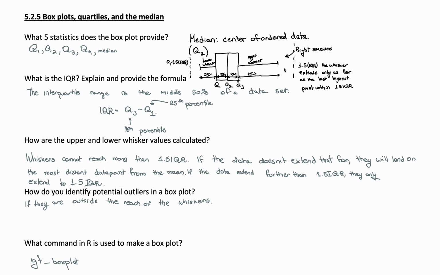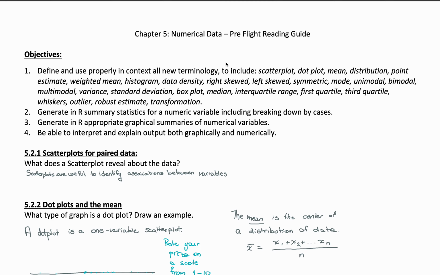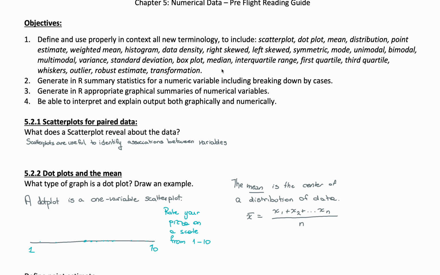Now you can have outliers, which, for the purposes of this graph, are observations that are not within 1.5 times the interquartile range, which is the middle 50% of the data. And those are outliers.